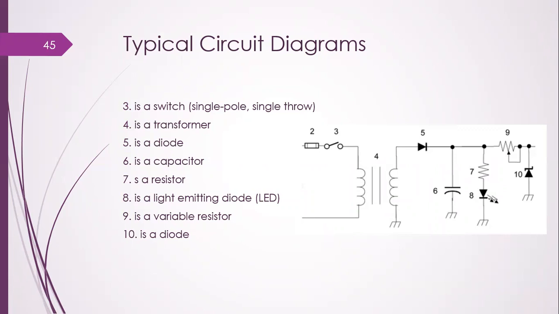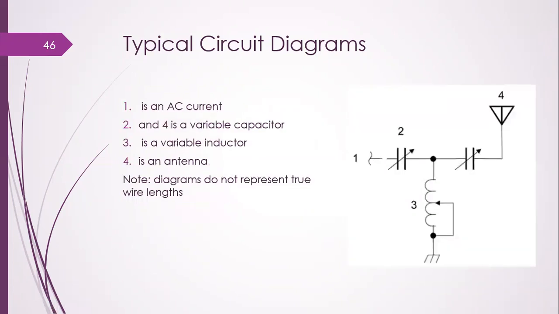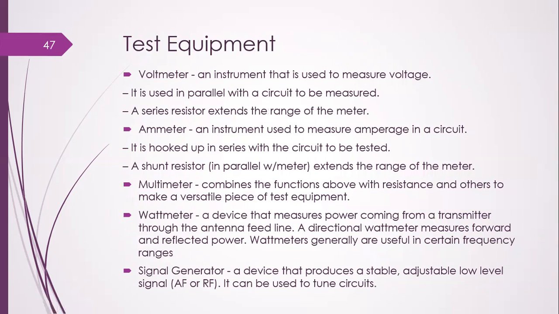Without these five main components, resistor, inductor, capacitor, diode, and transistor, an electronic circuit cannot be fulfilled. This is another diagram. So these are test equipments.